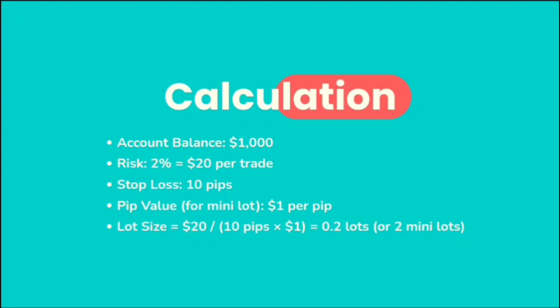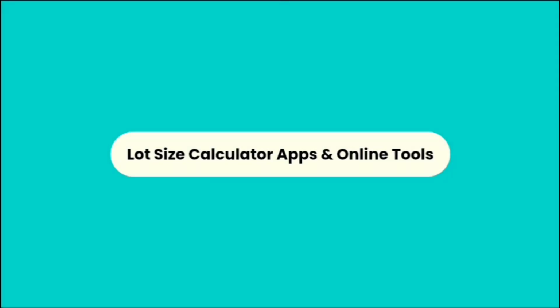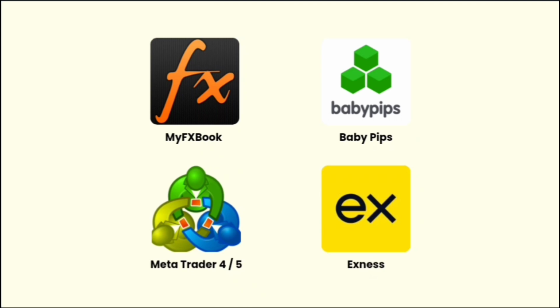Now, I know when you're trading, you don't have the luxury of having a pen and paper beside you to be calculating your lot size using this formula, which is why we have different types of calculators online. If you don't want to calculate your lot sizes manually, these are some useful ones you can use.